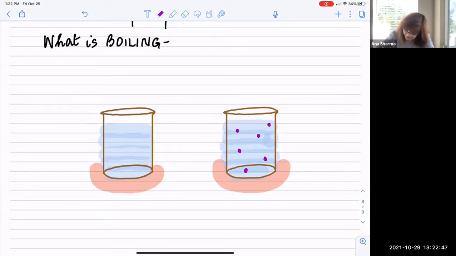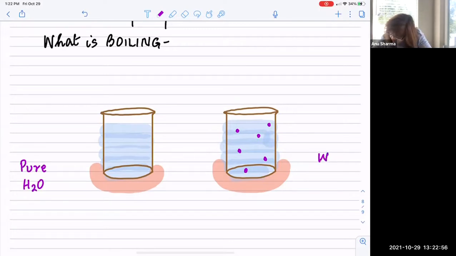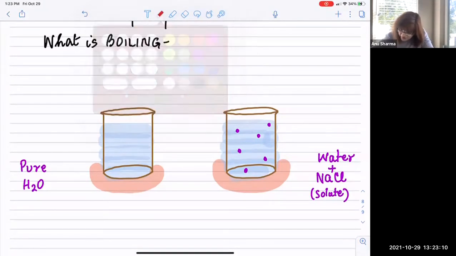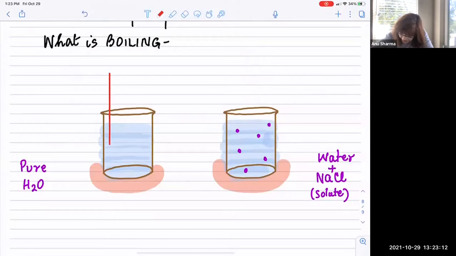So this is pure water, and here is water plus salt, NaCl, or some other solute. It could be anything, but for the sake of an example. In this case, you put a thermometer here, and here also you put a thermometer.